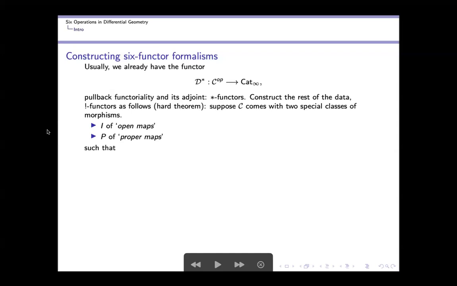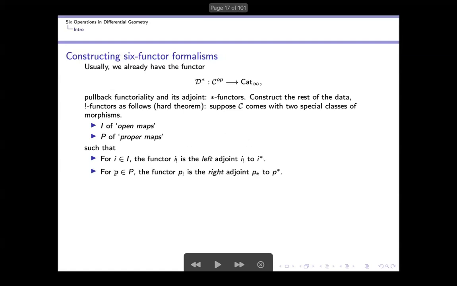But the formal thing you require is that whenever you have a map in the class of open maps, then the upper star functor has a left adjoint, and that's going to be the lower shriek. And whenever you have a map in the class of proper maps, then the upper star functor has a right adjoint. Well, we already knew that.